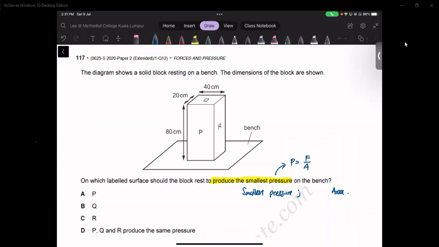What do you think, Charlene? If we want a small pressure, should we take a large area or a small area? For the smallest pressure, so we should take the largest area or smallest area?